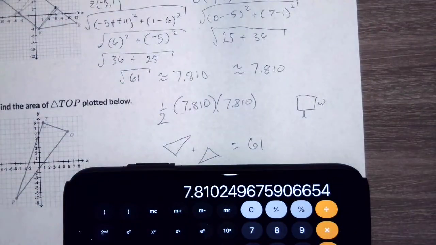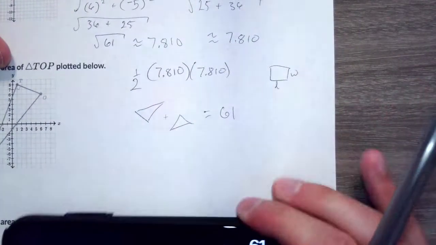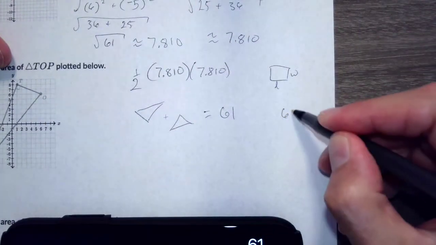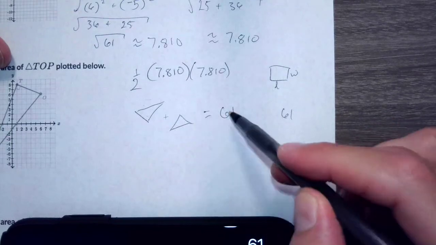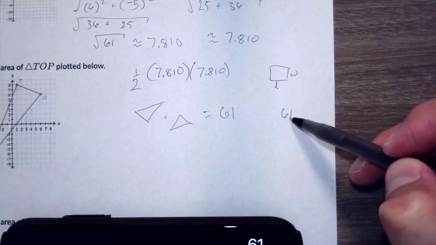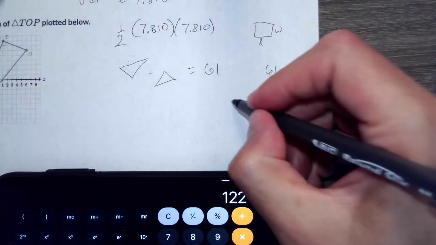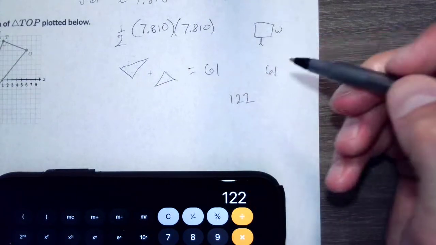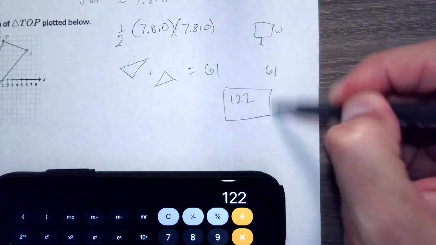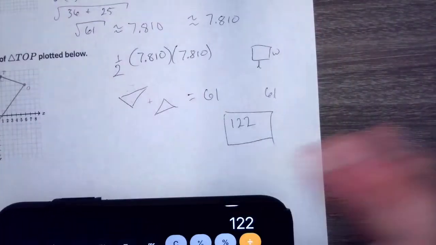So square that, and we get 61. So we have these two triangles, which add up to 61, plus this rectangle, which is actually a square, which is also 61. Add those together, so 61 plus 61 equals 122 units squared. That will be the answer on number 1. Sheesh, that was long. All right.